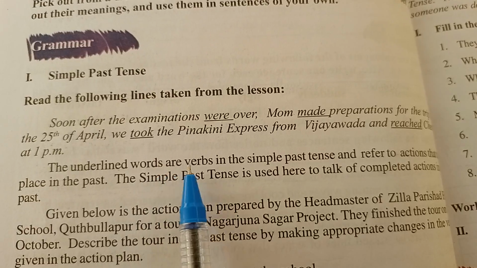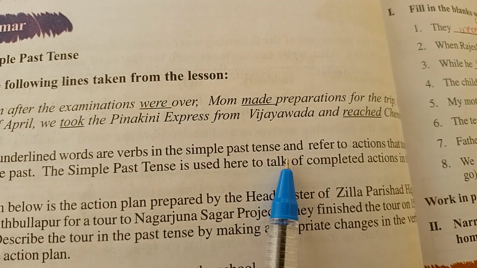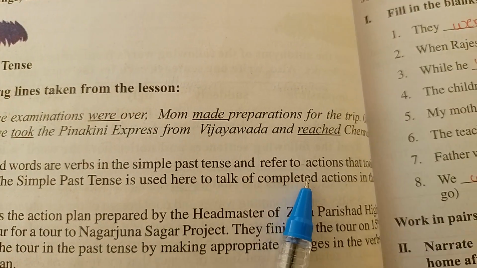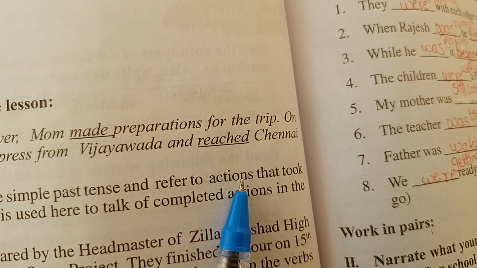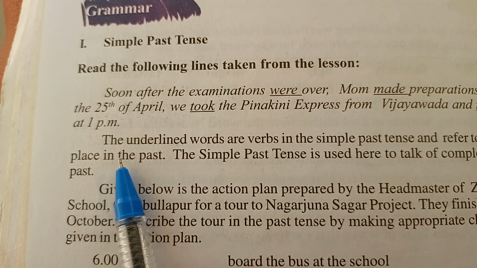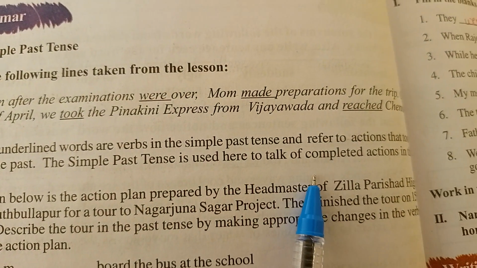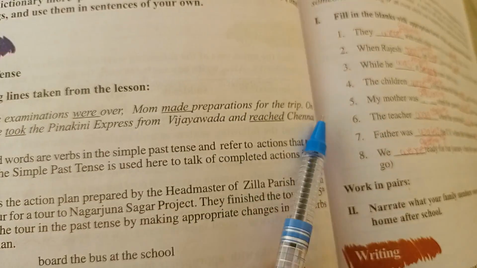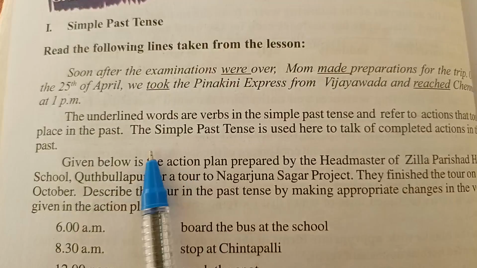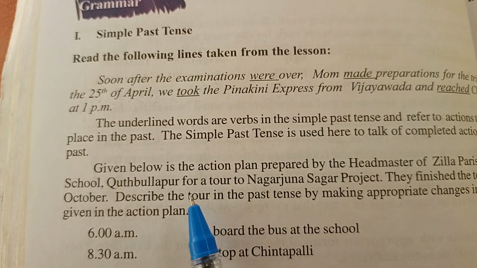The underlined words are verbs in the simple past tense and refer to the action that took place in the past. The simple past tense is used here to talk of a completed action in the past.